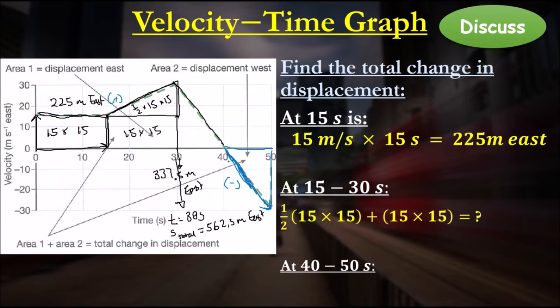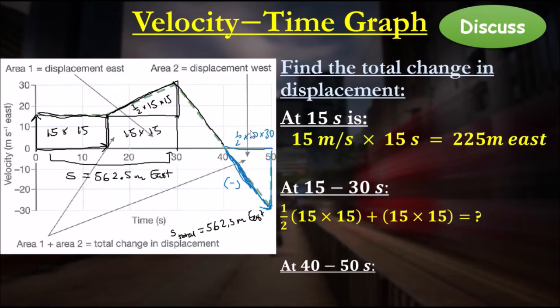So let's work out the amount of area covered towards the west here. That's half times 10, that's our length there, times our height, which is 30. So in total, from the 40 to 50-second mark, we've actually traveled 150 meters to the west.